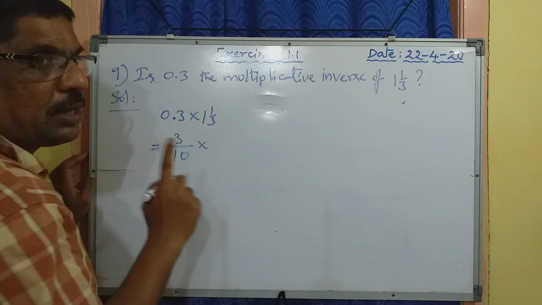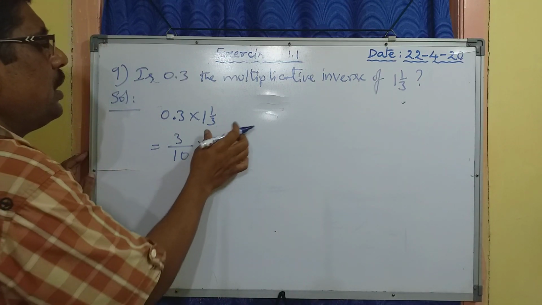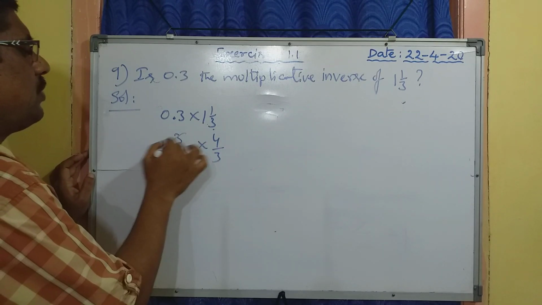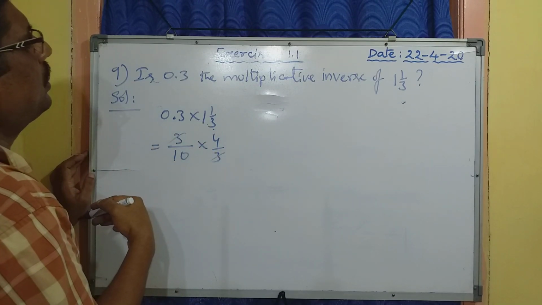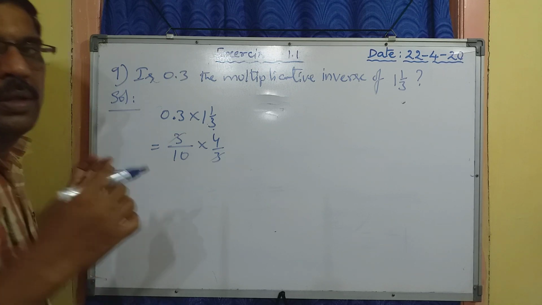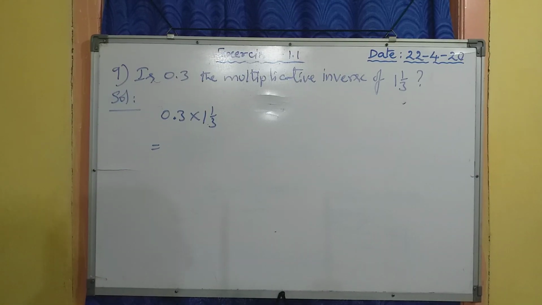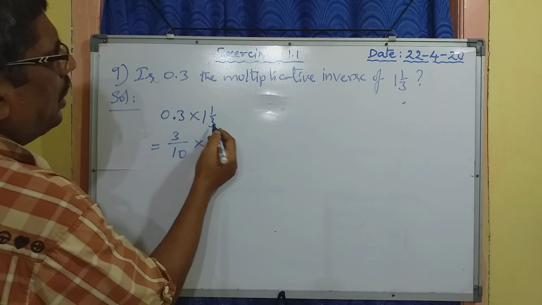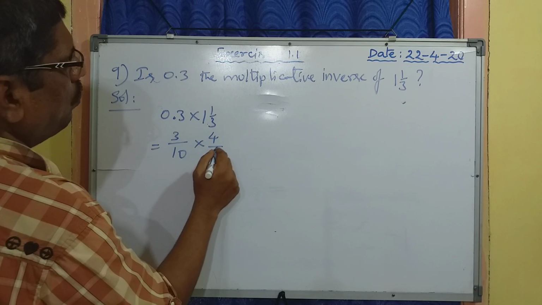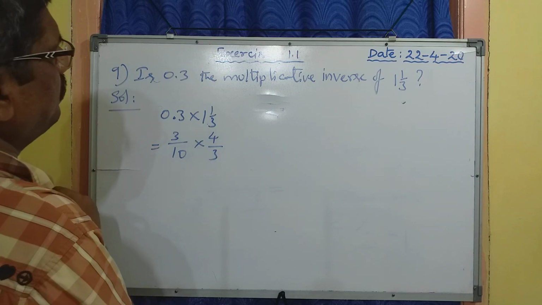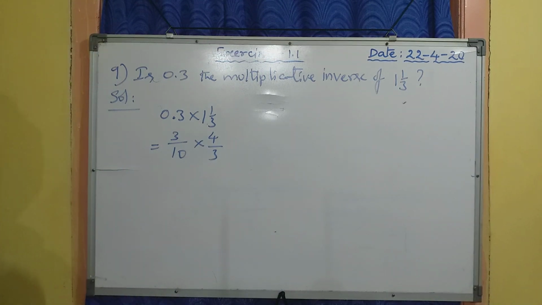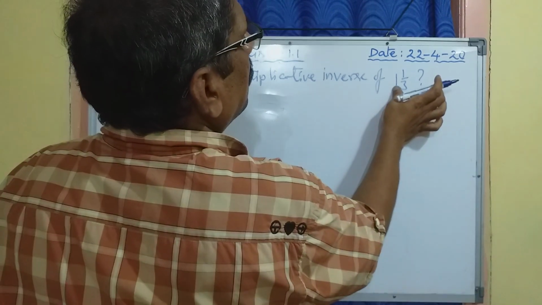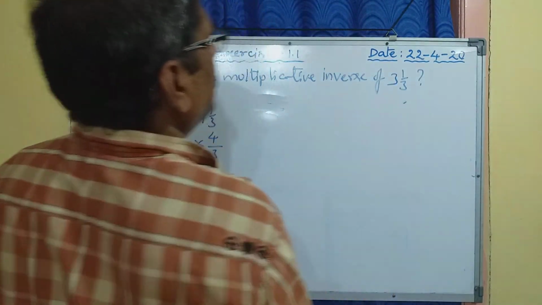The mixed fraction we convert into an improper fraction: 3 into 3 plus 1, 10 by 3. Sorry, the given problem is 3 1 by 3.